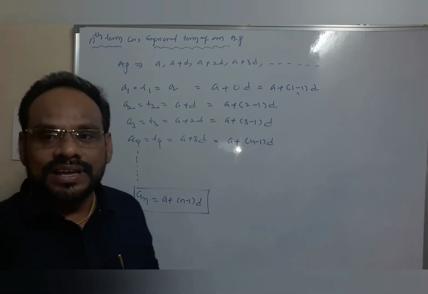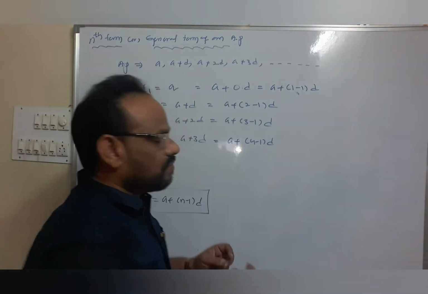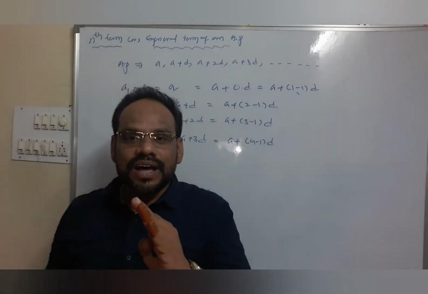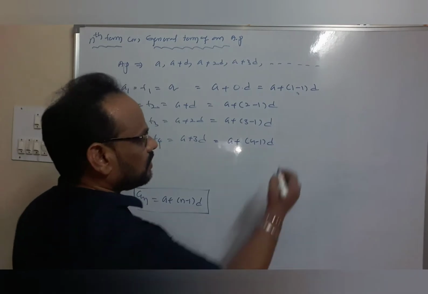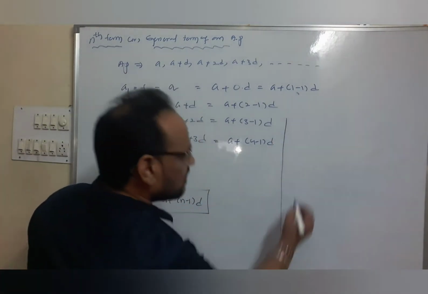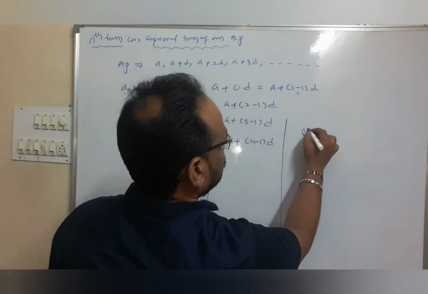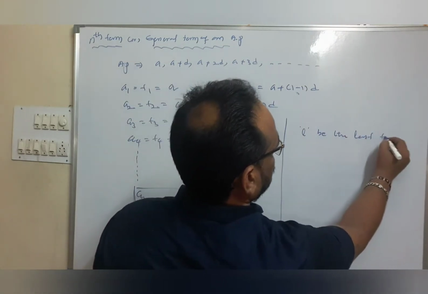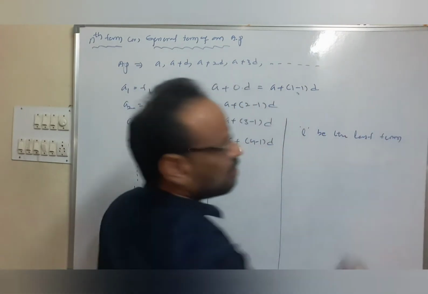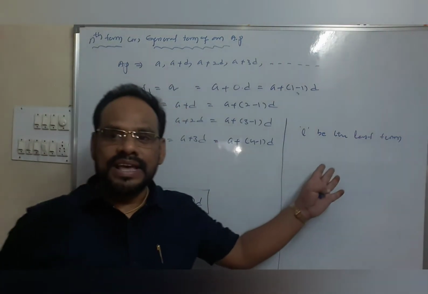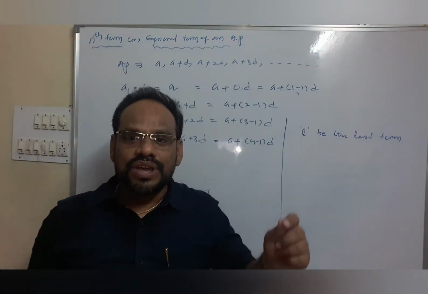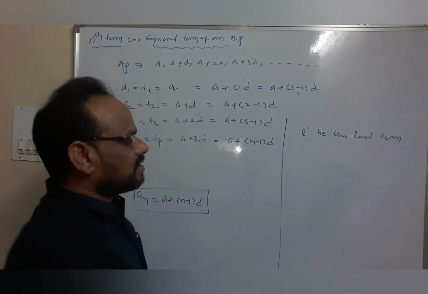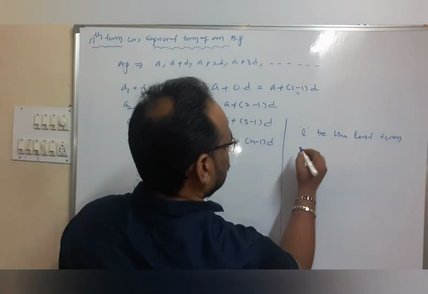Sometimes they are asking, what is the mth term from the end of an AP? Let L be the last term. Very, very important. We want the mth term from the end, and D is the common difference.